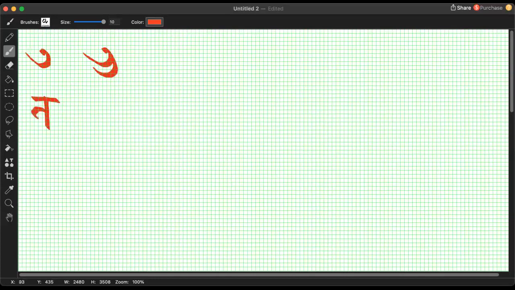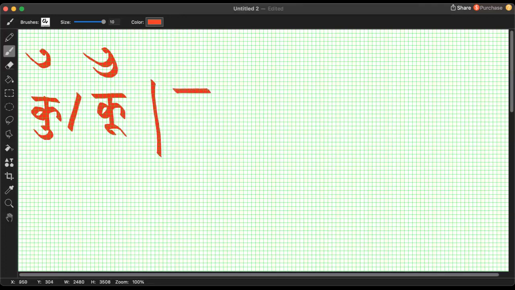So this is Devanagari Ku, and this is Devanagari. Okay. Whereas in Sharda, K will take up this form.